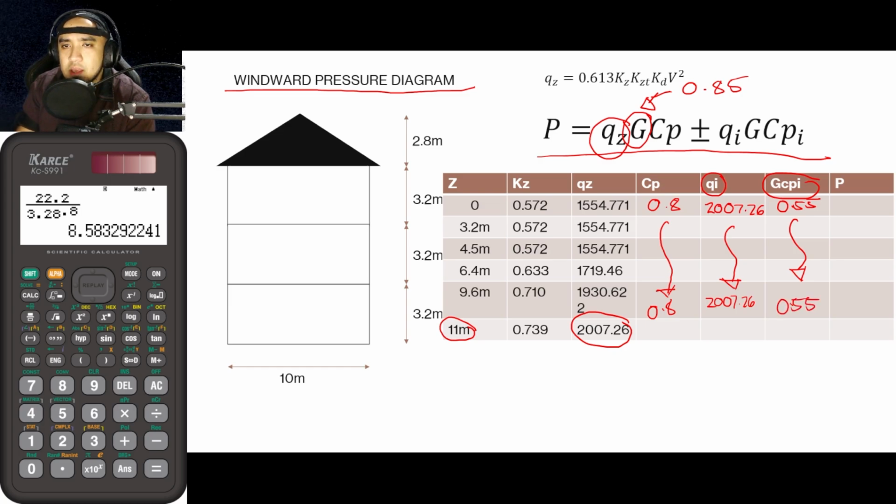Since all of the values have already been filled up, let us now solve for the value for P. Same old method.